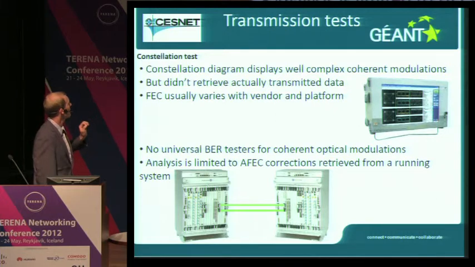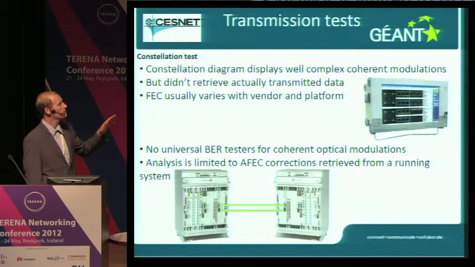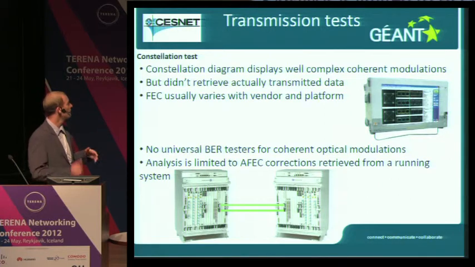I would like to highlight that this equipment does not actually retrieve any data, as every vendor usually has a specific forward error coding mechanism, and they also usually differ from platform to platform. So such a device would have to know all the FEC mechanisms and have them implemented to actually retrieve the data.